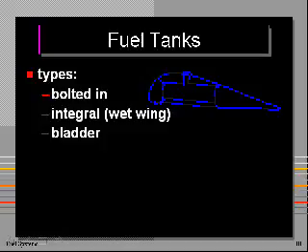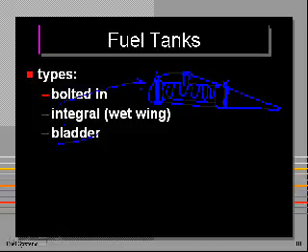We've probably got a spar right here and a spar right there, so the wing structure is completely separate from that of the fuel tank. And that works out okay. It does weigh a little more than it could, but it's very easy, and the fuel tank is separate, so if it leaks, you have to drill out rivets on the skin here, but you can take the tank out. And so that's the bolted-in kind. That's what we typically have on light airplanes.